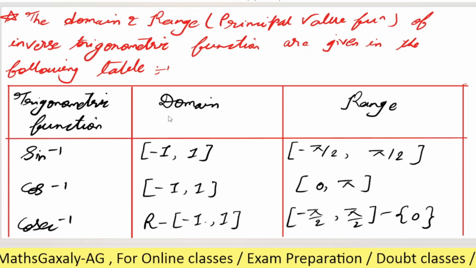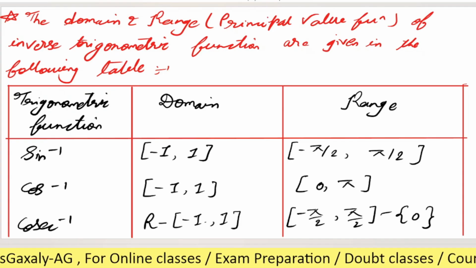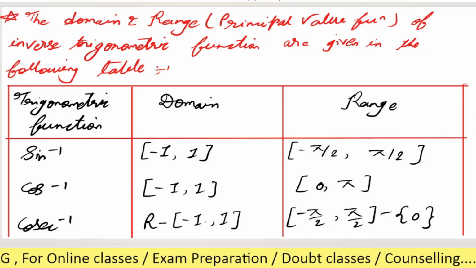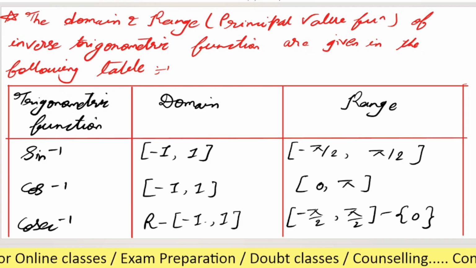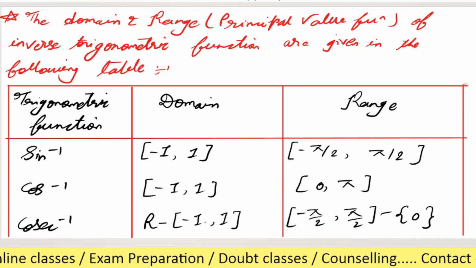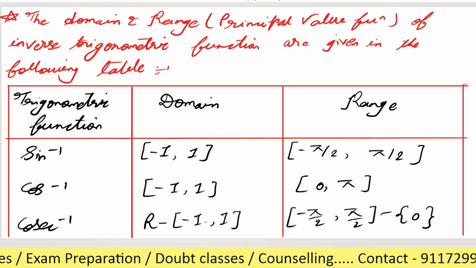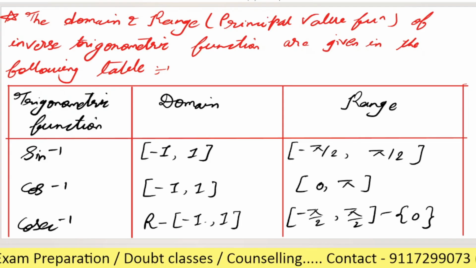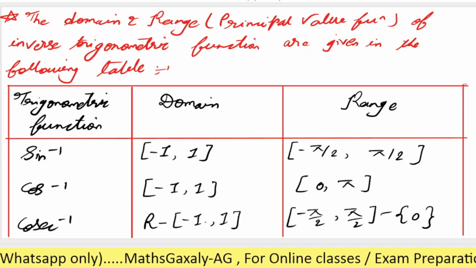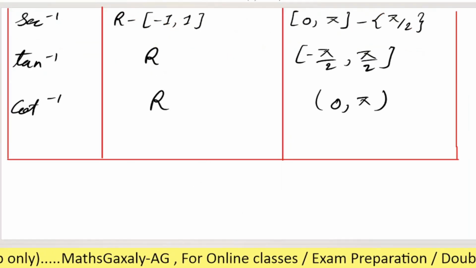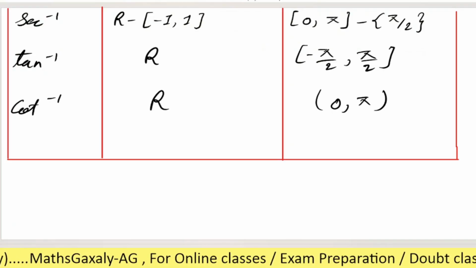Then please note it down. Then we will see an example for f(x) equal to sin x. Please note down this one, and if there is any doubt, please tell me.